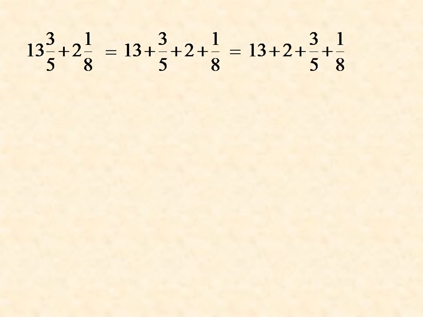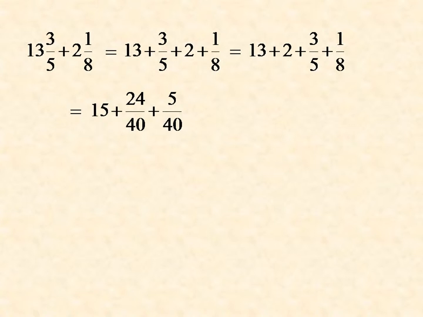Here are some examples. 13 3/5 plus 2 1/8 means 13 plus 3/5 plus 2 plus 1/8. We separate the whole numbers and the fractions. This gives us 13 plus 2 plus 3/5 plus 1/8. 13 plus 2 is 15.